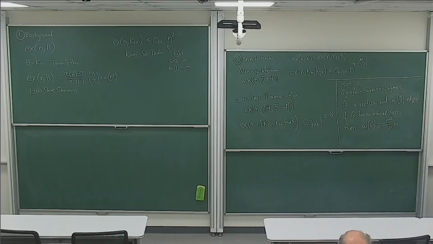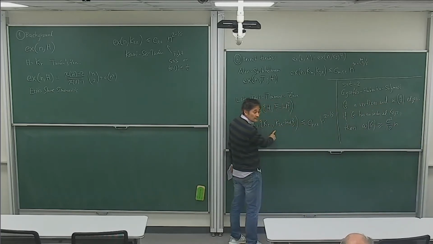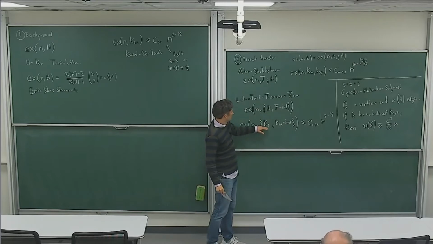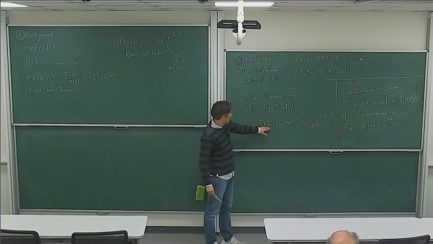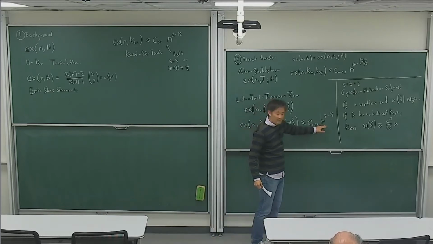Okay? So it's related to this theorem here with s equals t equals 2, right? So we know that if you fix k, if you forbid this K_r induced subgraph with any r fixed, you get a subquadratic number of edges, right?